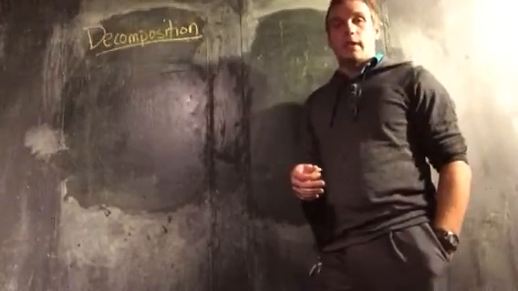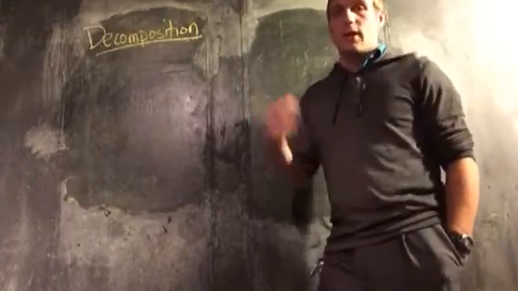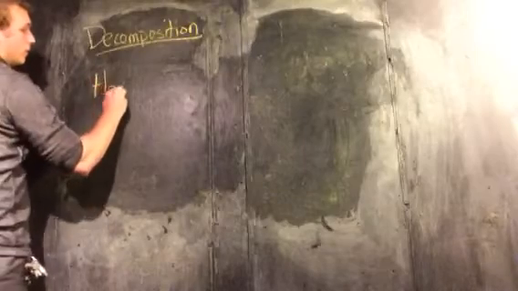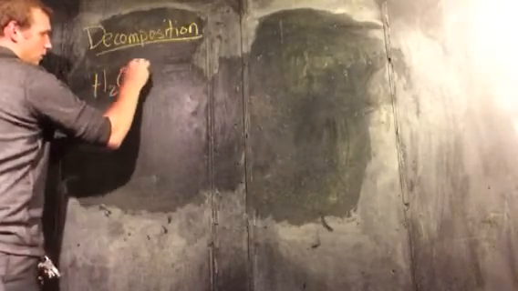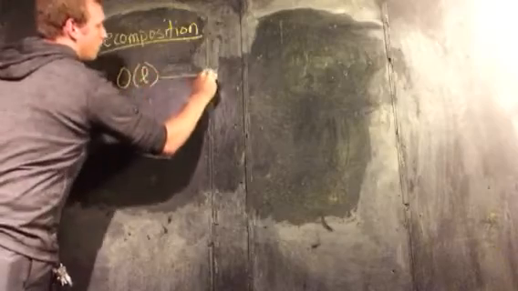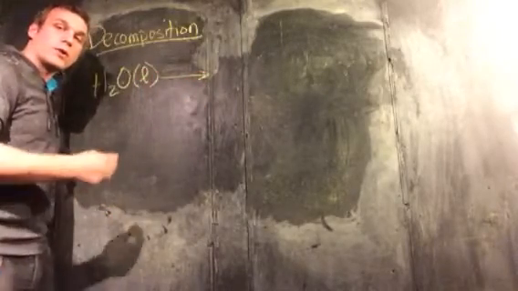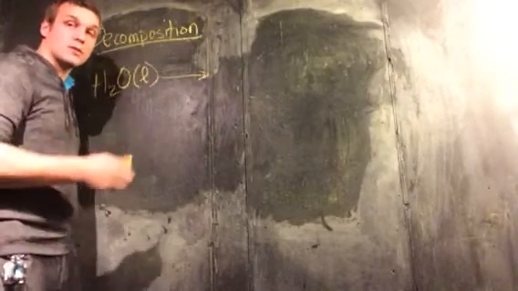So, most of these, we are going to take something like, let's go H2O. It's a little easier. So H2O is a liquid. So we're going to break this down into its components. This will often happen.